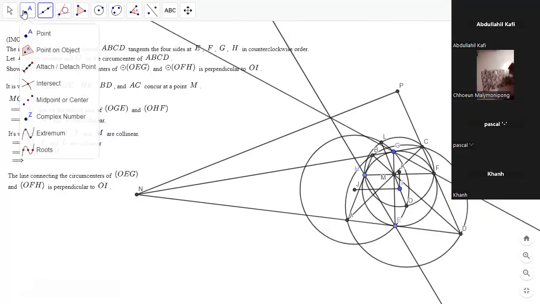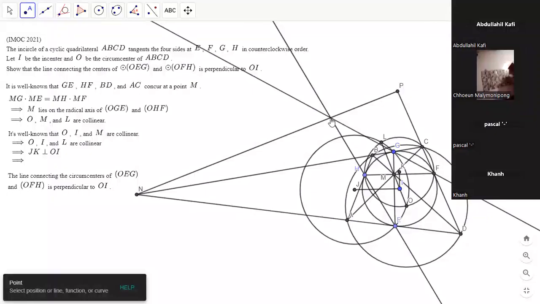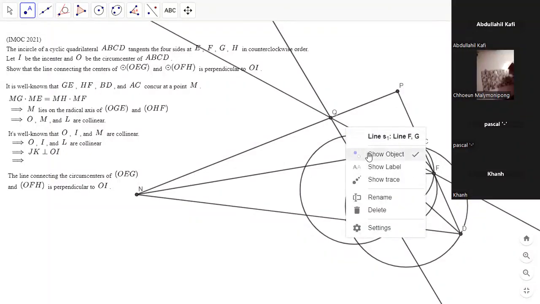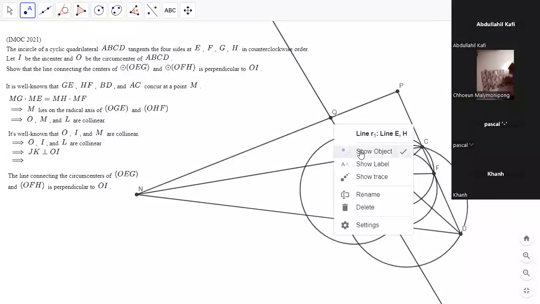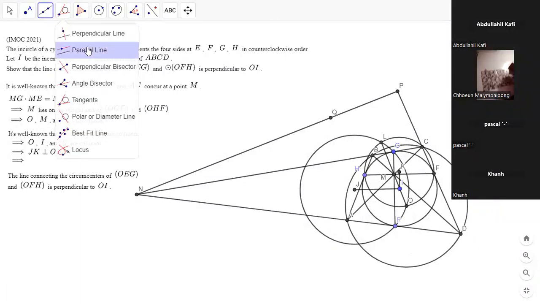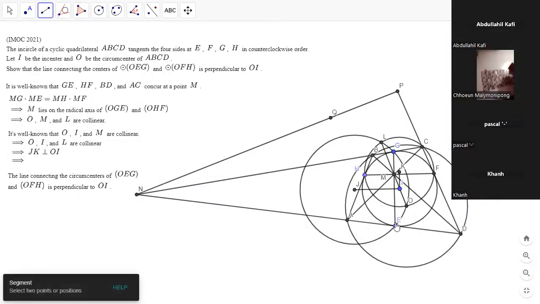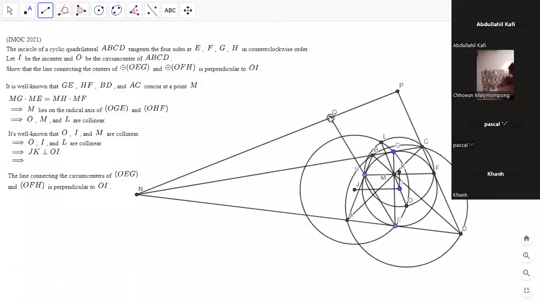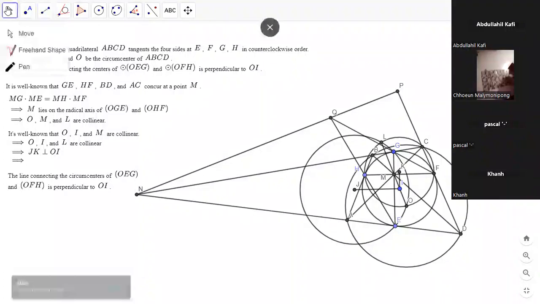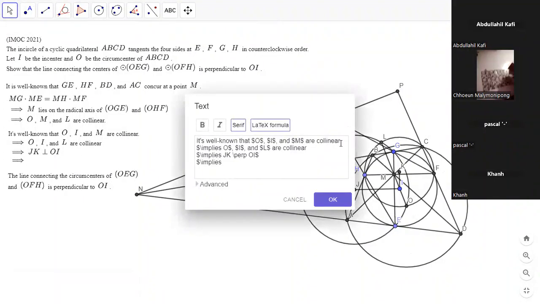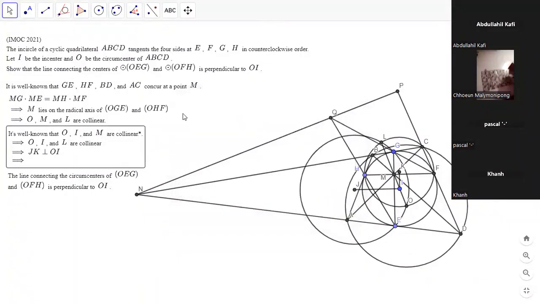They meet on it by Pascal's theorem. I'm not going to draw the other one, it's too far away. So I'll say prove star.